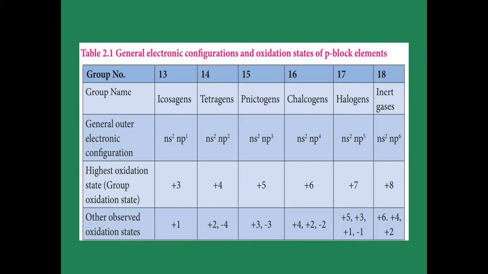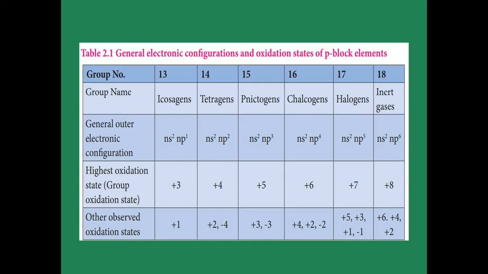In 15th group, when the last 5 electrons are lost, they have the highest oxidation state +5. Then the other observed oxidation states are +3 and -3, which we get from the np3 electrons: gaining 3 electrons means -3, losing 3 electrons means +3.